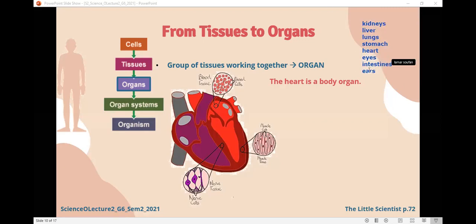All of these are organs. And surely you have lots of other organs. So all of these together are organs. And organs are built of tissues of different types.